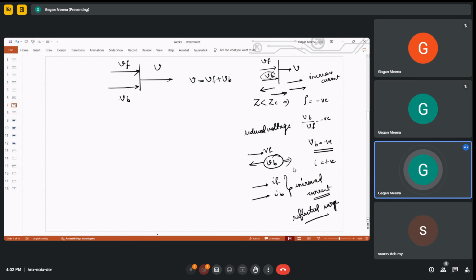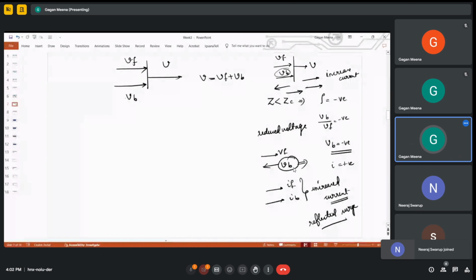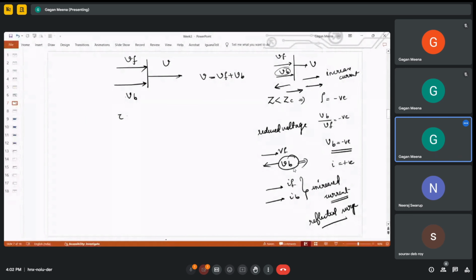So the last one was the termination of the line, where we saw tau is equal to 2Z upon Z plus ZC and rho is equal to Z minus ZC upon Z plus ZC.